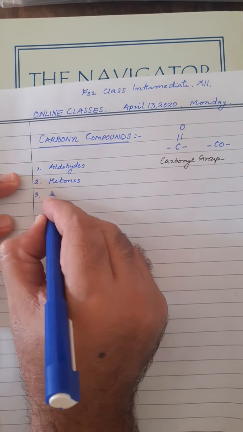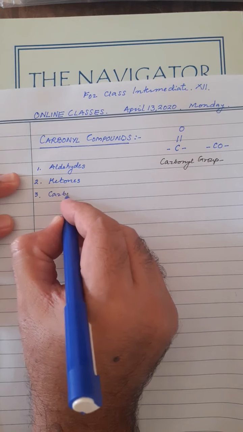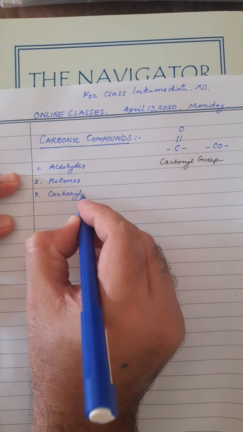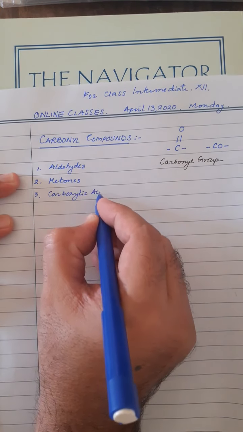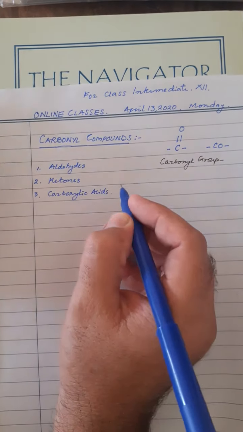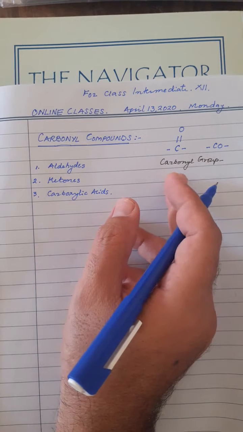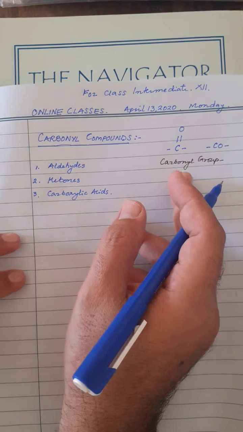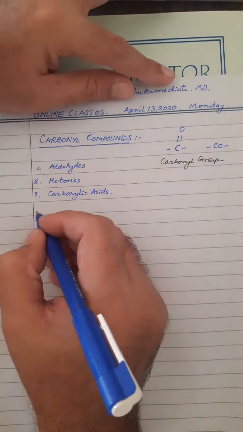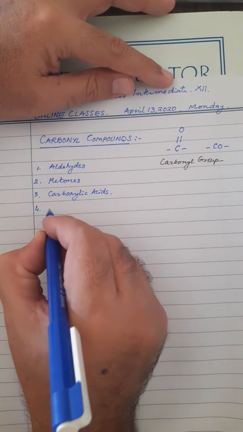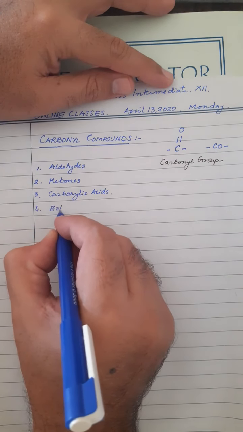The third is carboxylic acids. These are also an important family of organic compounds, and carbonyl is also part of their functional group. And finally, esters.